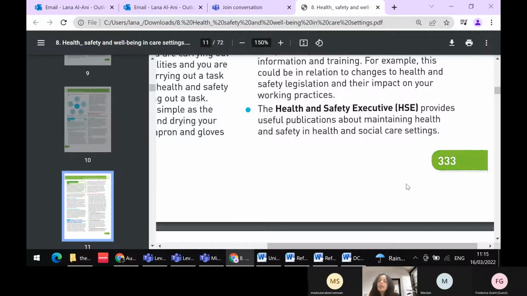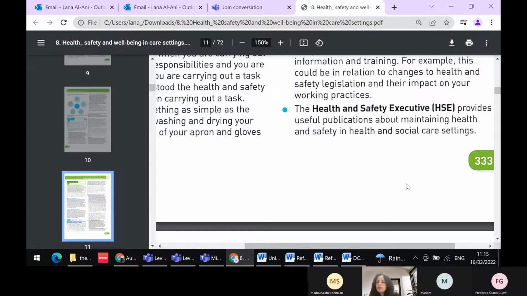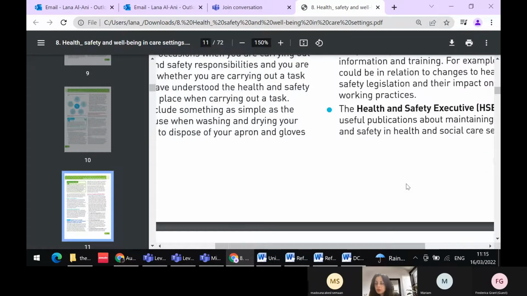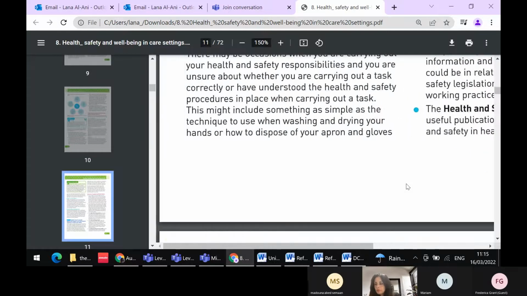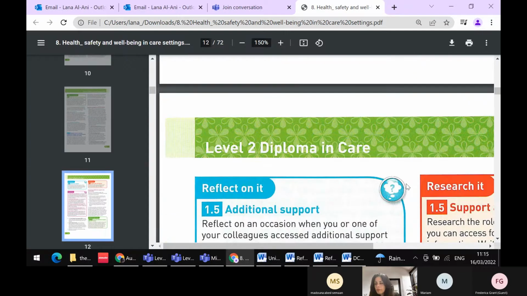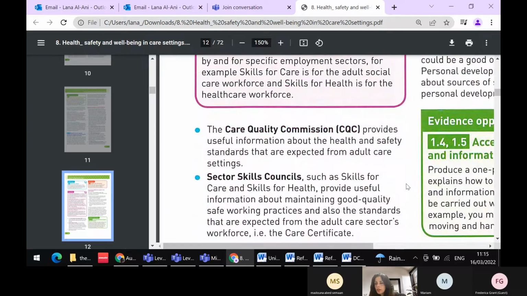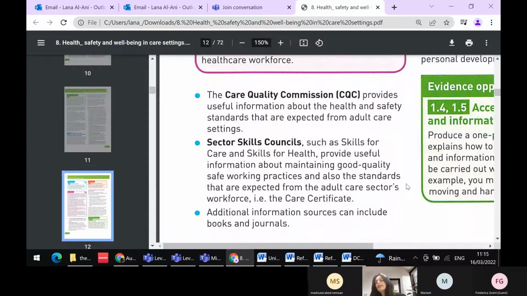They can provide you with any publication they have, which is very important to your work. Also, we have the Care Quality Commission. From the Care Quality Commission, I can get all the information I need about health and safety standards, what is expected from an adult care setting.